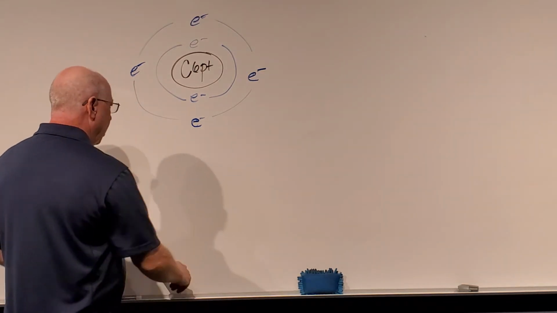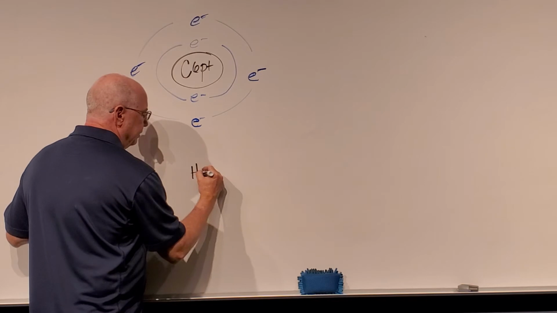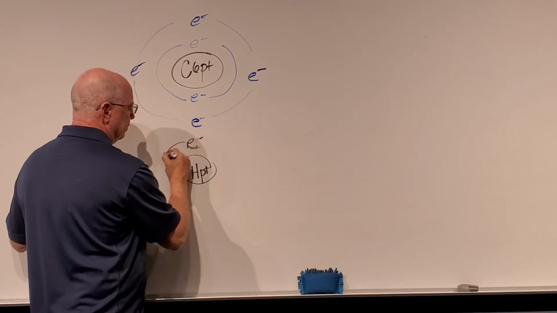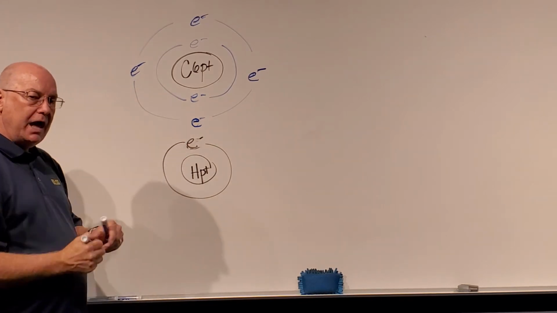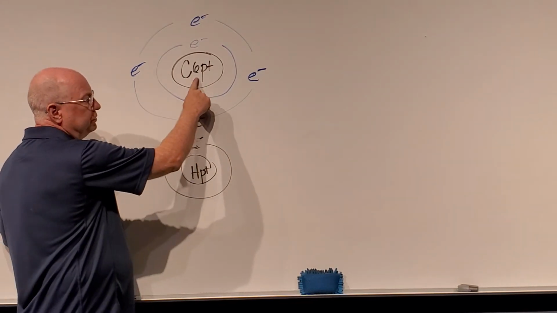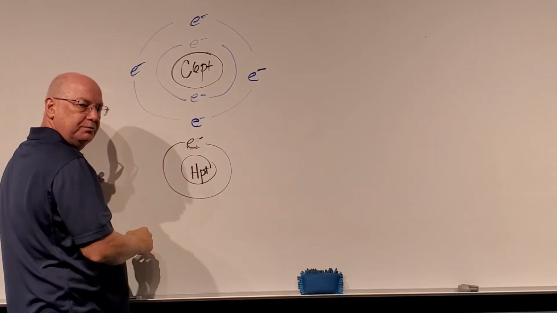So now, I'm going to draw a little lowly hydrogen atom. My hydrogen atom has a single proton and a single electron. And if a hydrogen atom comes close enough to a carbon atom, it turns out that these protons here have a slightly greater pull on this electron than this single proton.